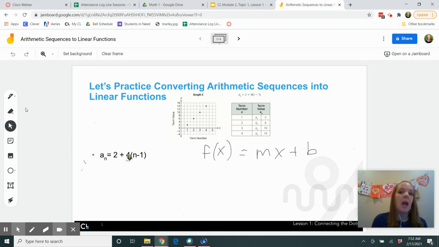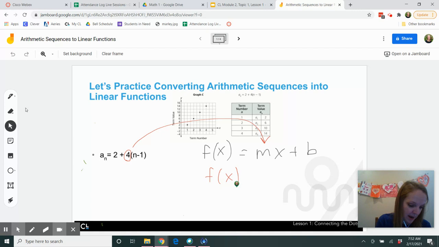In our explicit arithmetic sequence formula, it's a mouthful, I see that plus 4 right there. That's the common difference. That's how that sequence is changing. Remember how I said common difference and slope are the same thing? So if the common difference is 4, the slope is 4.